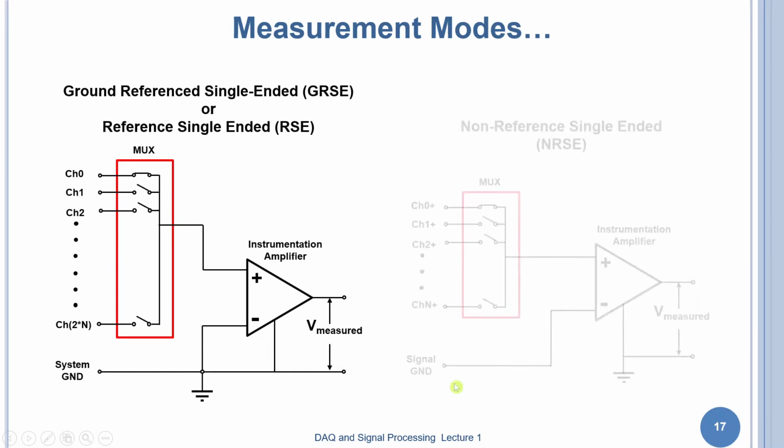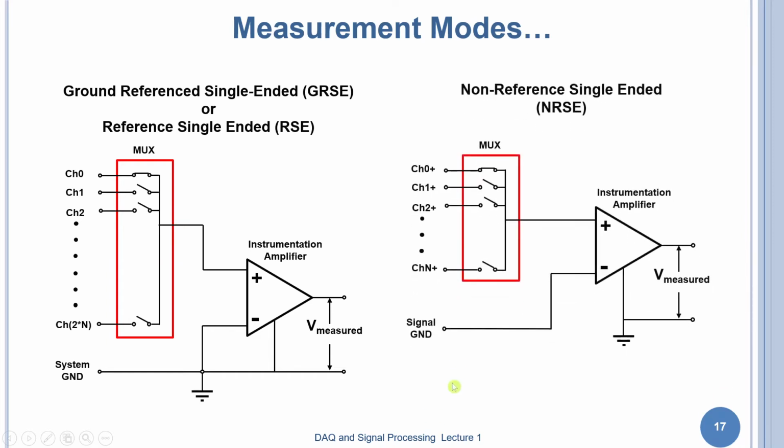Another method of measurement is the non-referenced single-ended method. In this case you don't have a reference to your system, rather you have a reference which is built into your DAC. This acts more like a floating signal which I referred to earlier, so it is isolated from your system ground.